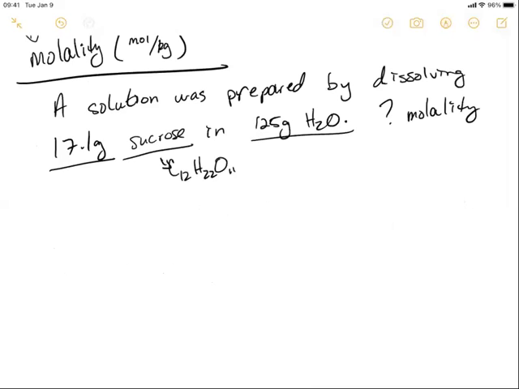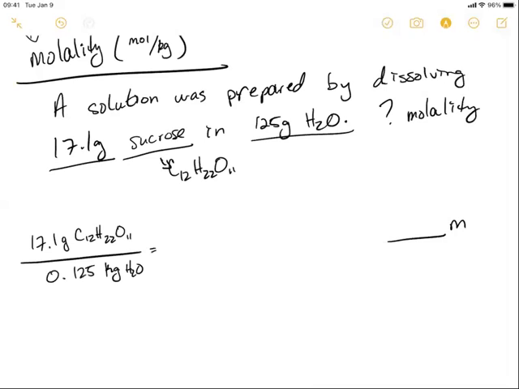So again, I'm looking for molality, which is small m, and I'm just going to start by putting 17.1 grams C12H22O11 per, I'm just going to change it straight to kilograms to make my life easy.